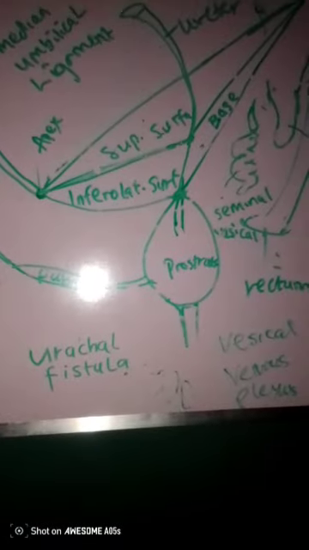We have the size and capacity. Average capacity of the urinary bladder is 220 milliliters. Then we have the shape. The shape varies depending on its state. If it is full, it will become ovoid shape.